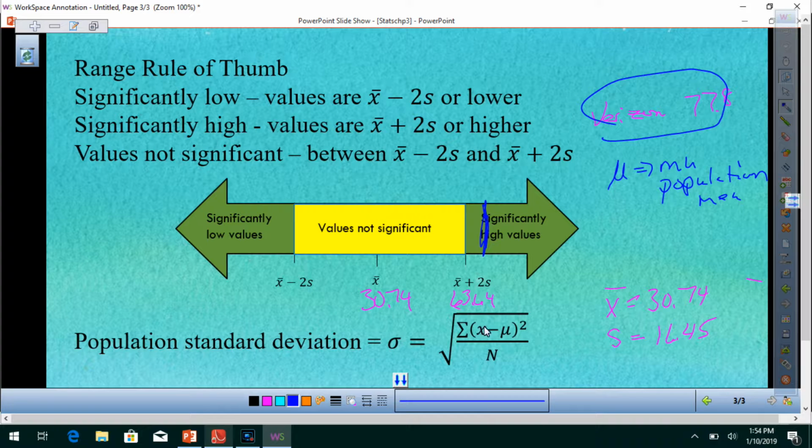Then x, of course, is the individual data value, and capital N is the population count. How many are in the population? The big difference is that with the sample, we do n minus 1, and with the population, we don't subtract 1.